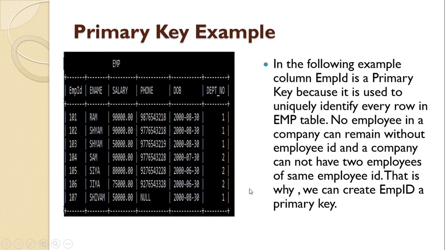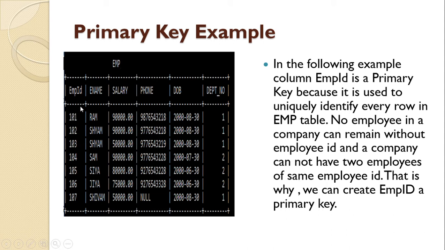Now, example of primary key. In the following example, we can see the employee table. Here is the table employee, and in this table there are several columns. We can see the employee ID. No employee will be there in the company who does not have an employee ID, so we cannot leave the employee ID field empty, and there are no two employees in the company which have the same values.